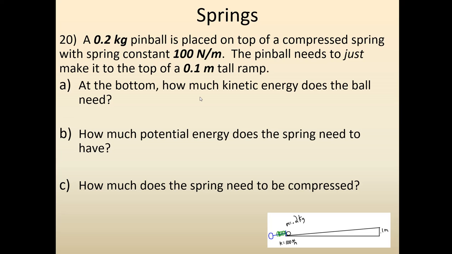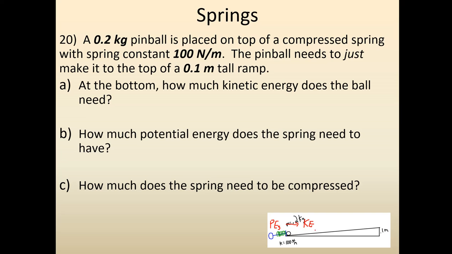All right, so this is another one where you could use the 5 questions. You could also use, we kind of talked about it briefly, the flow of energy. So at the very bottom of the spring, when the spring is completely compressed, it basically has all spring potential energy. Once that spring releases the ball, that spring potential goes into kinetic energy at the very bottom of the ramp because it starts moving at some speed.